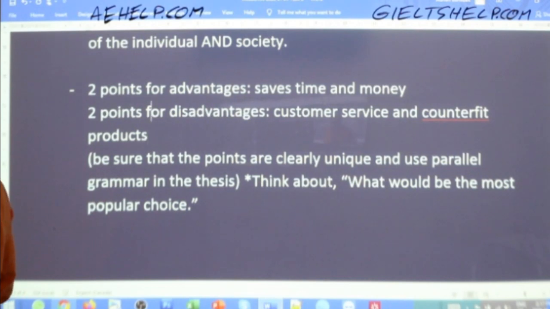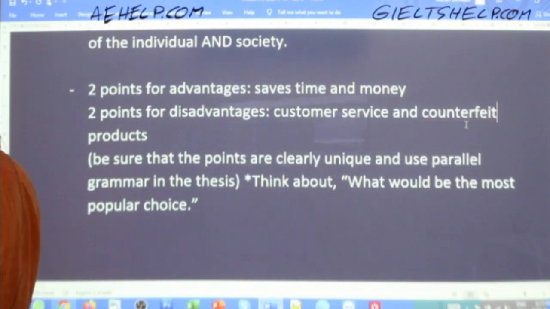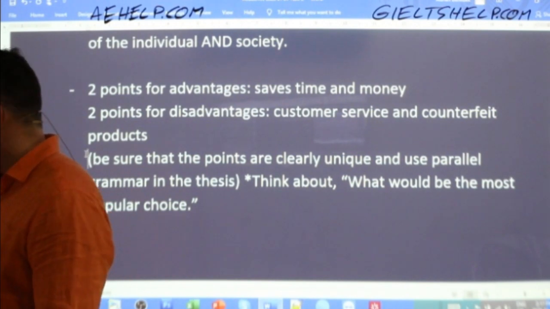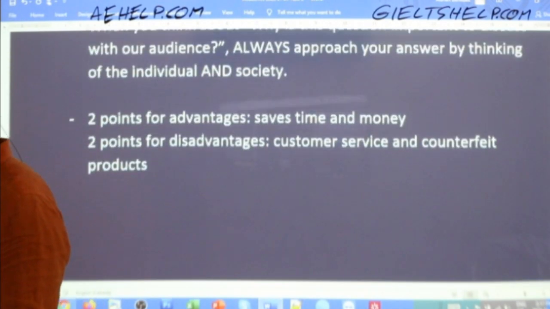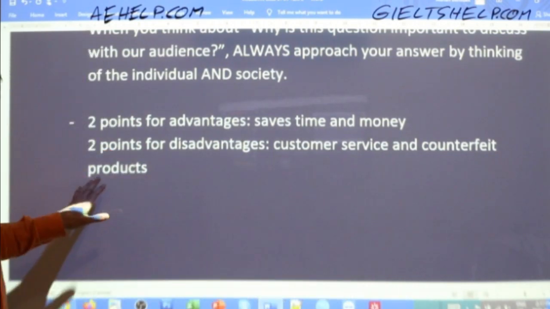All right, I think that those are some good points. We've talked about counterfeit products in the past. So you could go with those. Okay, so poor customer service and counterfeit products.